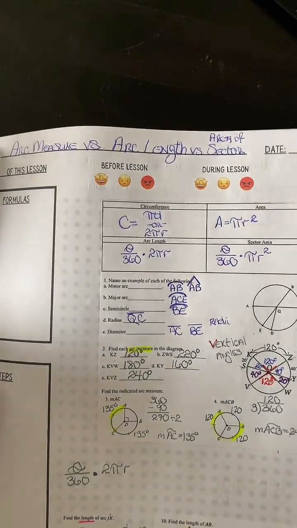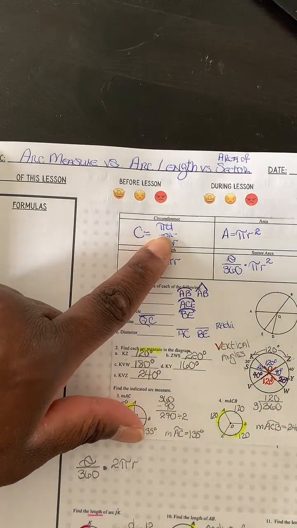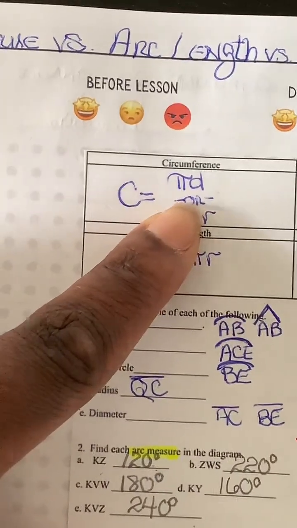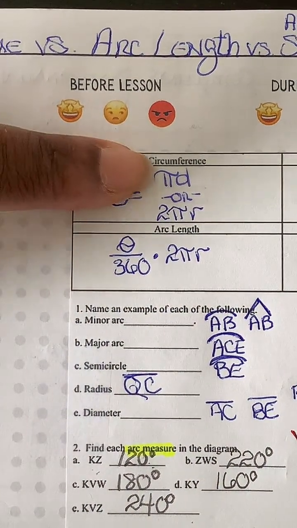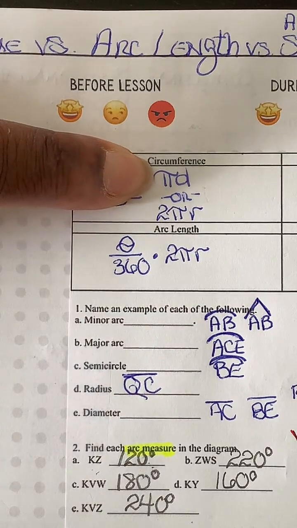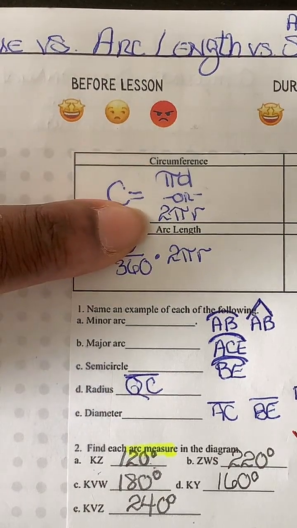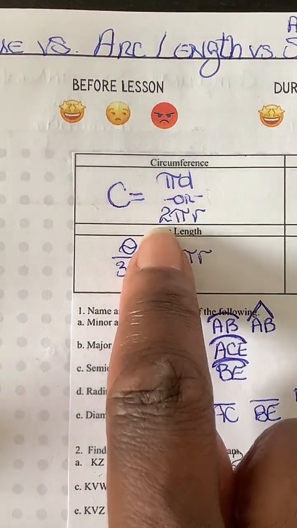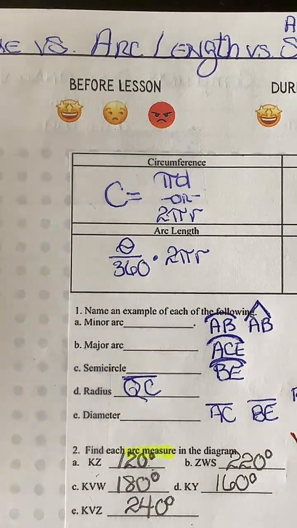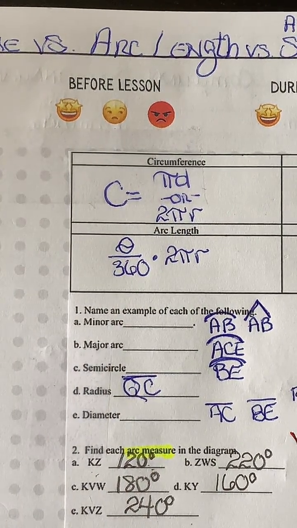So you can get circumference 2 ways. You can either have pi times the diameter or 2 pi times the radius. Okay? Because remember, the diameter is twice the radius.